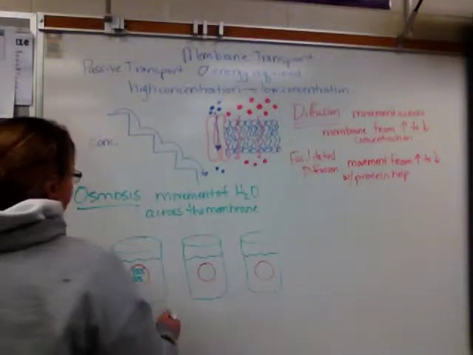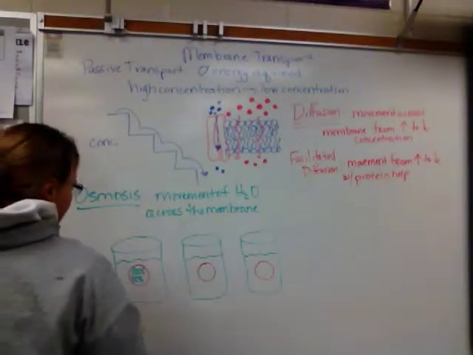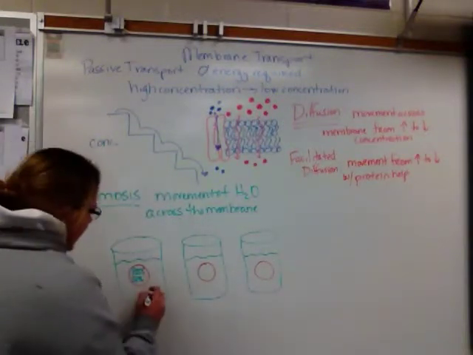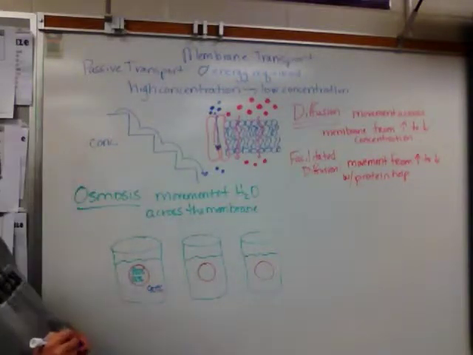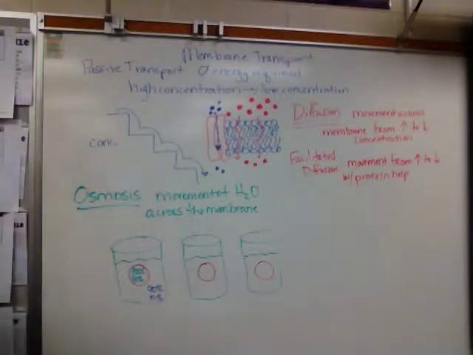Now let's say it's placed in a solution, so that's the inside of the cell. Let's say, and I'll change colors for you, the outside of the cell is 90% water, which then only leaves 10% for dissolved substances.